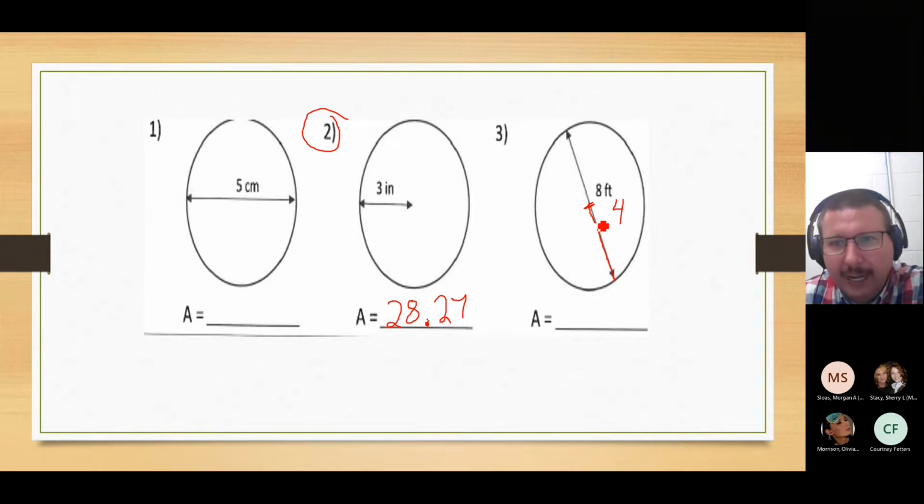Do I have the radius now? Yeah, I do. Formula says pi times radius squared. Pi times 4 squared, and see what we get.